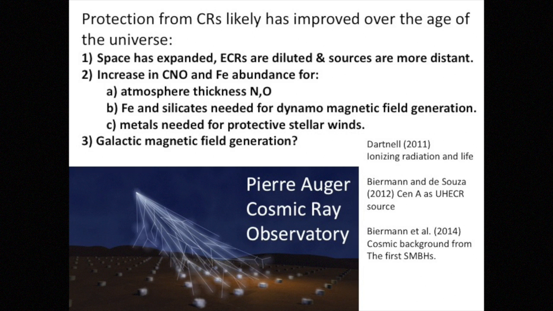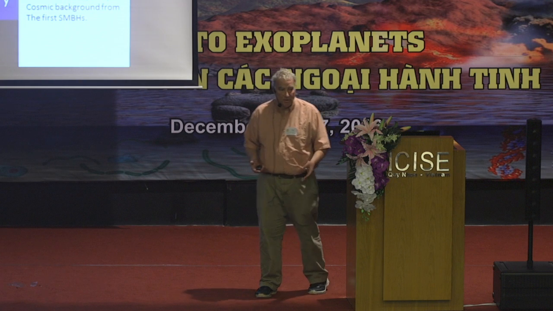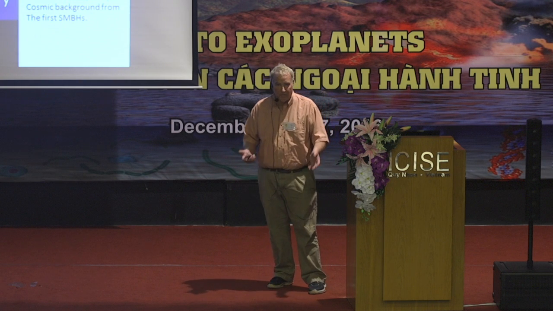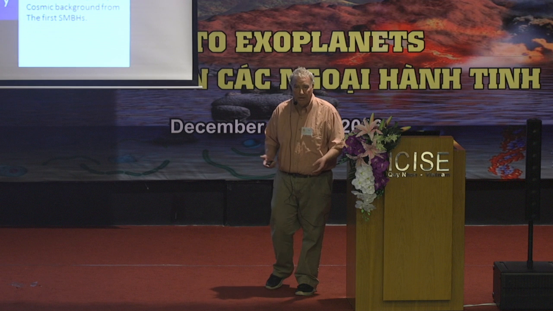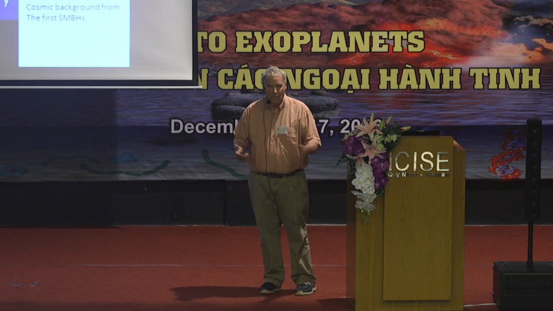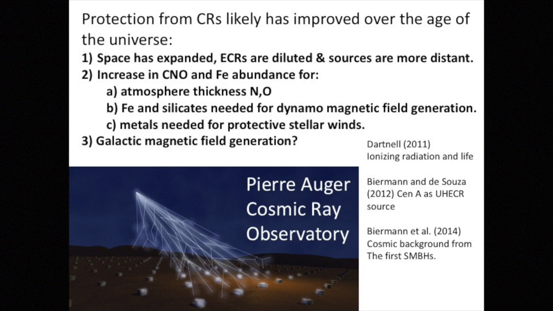And iron and silicates are needed for a dynamo to produce the magnetic field, which protects planets from cosmic rays, as well as from the high energy radiation, the high energy particles from the sun.